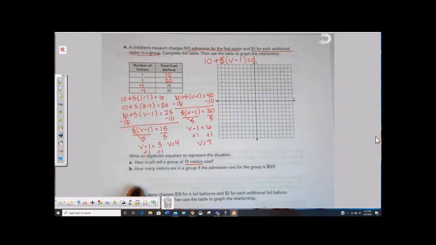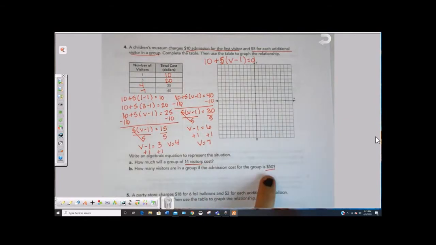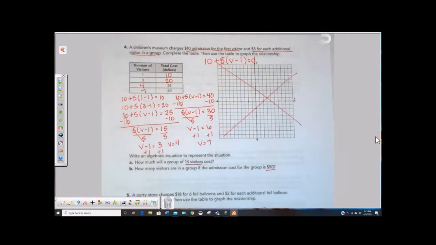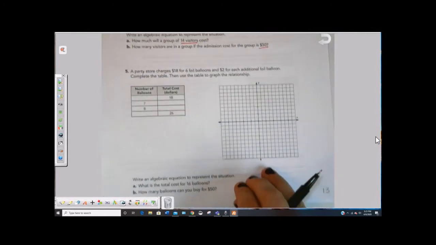For B, it says how many visitors are in a group if the admission cost is $50. So for this one, you would use one of the longer versions. Actually, I'm good with no graphing, so let's not graph. I just want you to figure out A and B. Let's just do that.